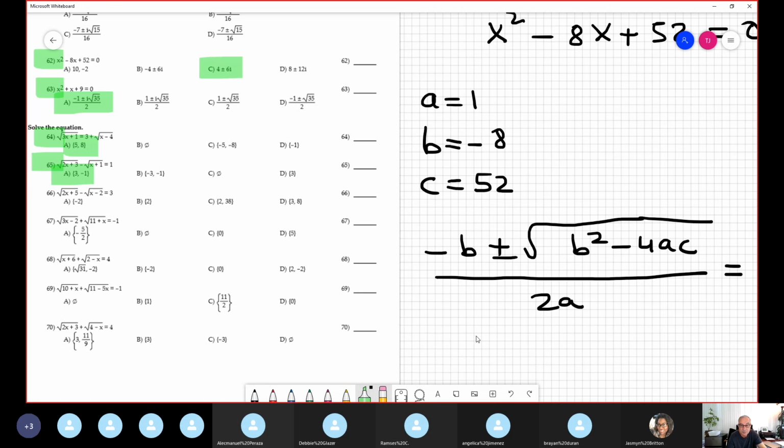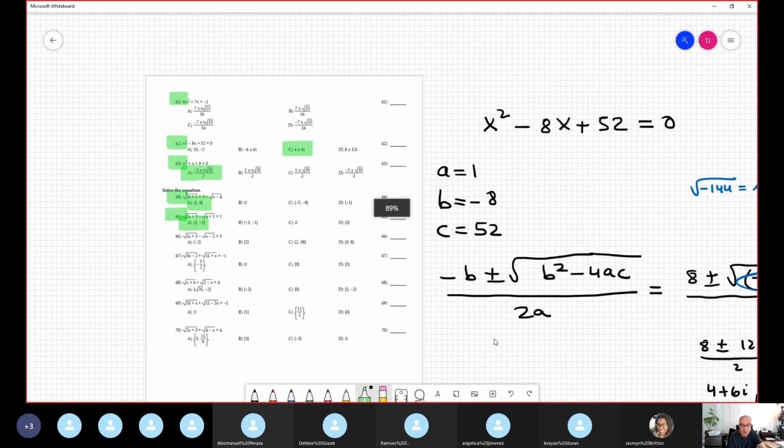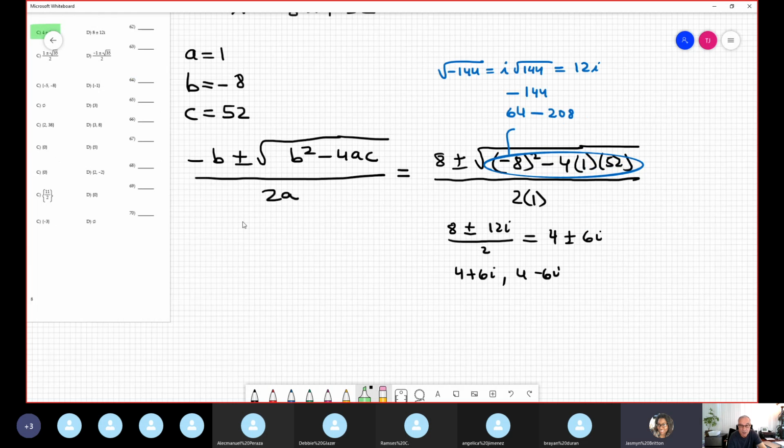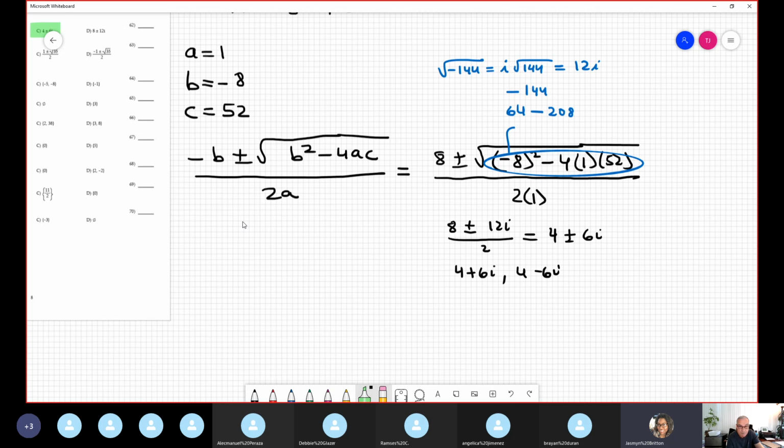Any questions? Okay, Professor, I have a question. Go ahead. When it comes to the i that you get when you're figuring out the square root of a negative number, what does the i mean? Is it an imaginary number? Absolutely. Look at that. So you have a square root of any negative number.